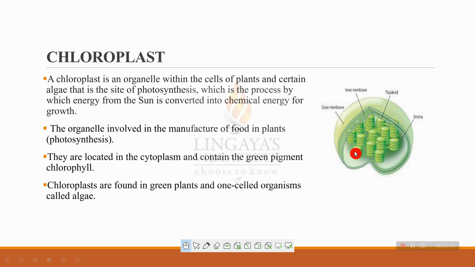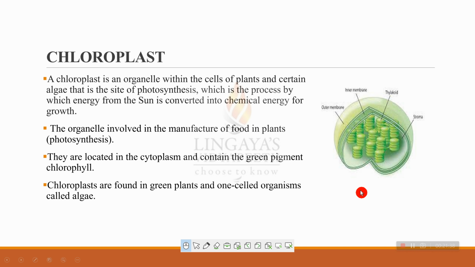Moving on, talking about chloroplast. Chloroplast is an organelle which is present within the cells of plants and certain algae. It is the site of photosynthesis, where the conversion of light energy into chemical energy takes place inside the cell.